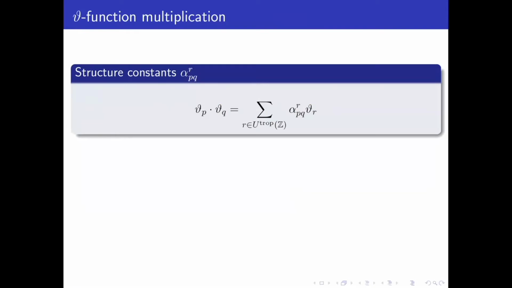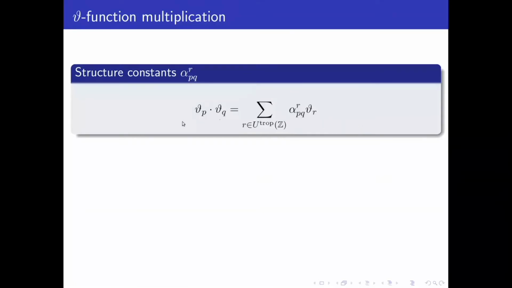So I've told you that these theta functions are supposed to correspond to a basis for regular functions on the mirror. Well, we can multiply regular functions. Regular functions form a ring. So there had better be some way to take a product of 2 theta functions and decompose that product as a linear combination of theta functions.